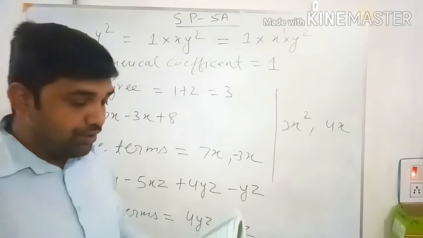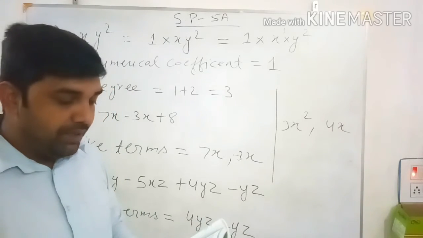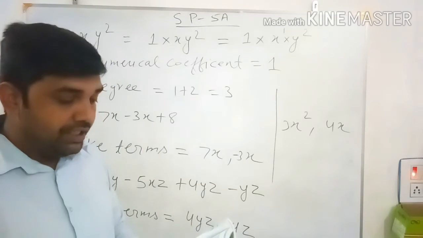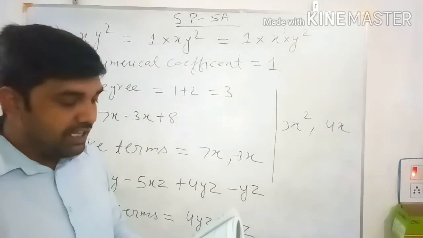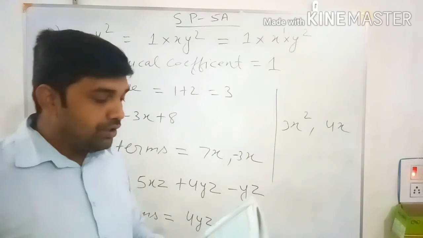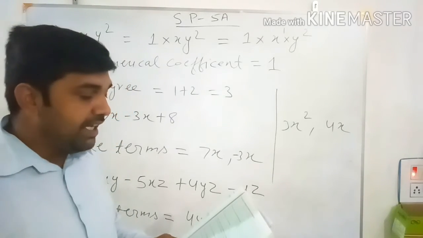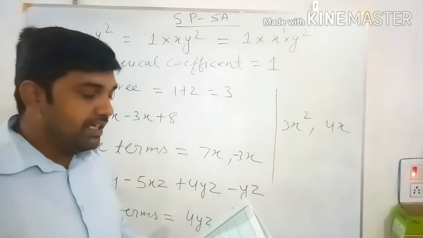Now you can see the next question. Question number G. In question number G, r plus s, r minus s. So here, first bracket 8 multiply r plus s and minus 3 multiply r plus s.